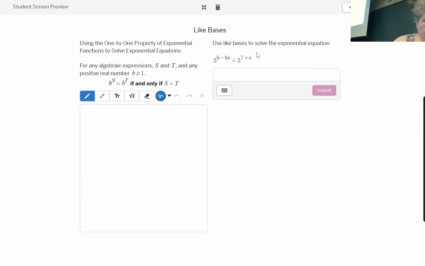So I'm going to write the equation. We have 5 to the 6 minus 6x equals, and then I'm going to leave a little bit of space, and then 5 to the 7 plus x. So with our one-to-one property of exponential functions, we can just as the next line say, yes, clearly, therefore 6 minus 6x must equal 7 plus x.